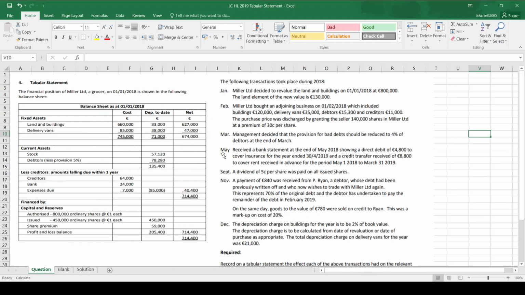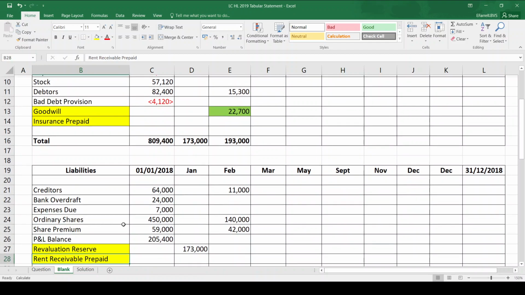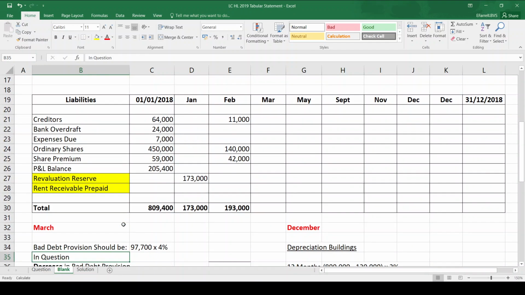In March, it says management have decided that provision for bad debts should be reduced to 4% of debtors at the end of March. So we just have to get our most recent debtors figure and then get 4% of it. So just a little working on this. The bad debt provision should be 4% of debtors.